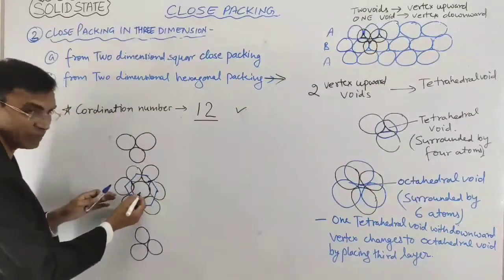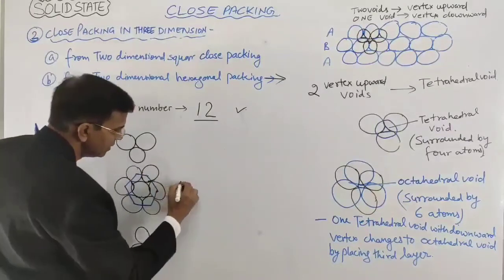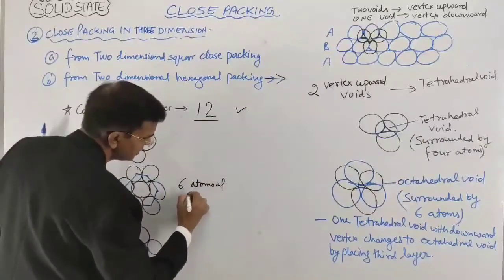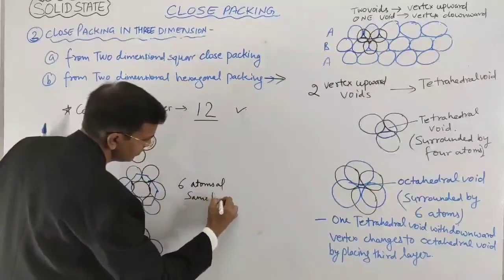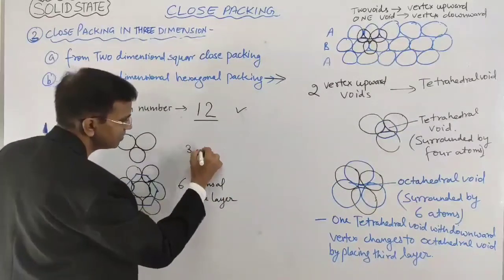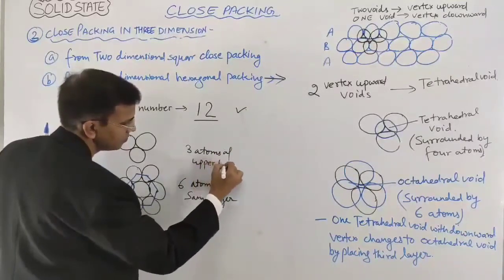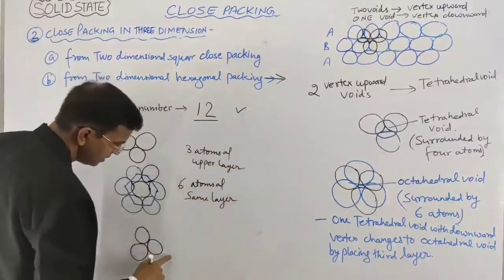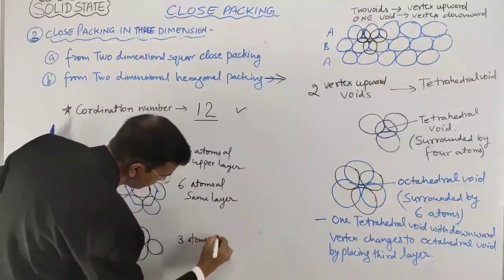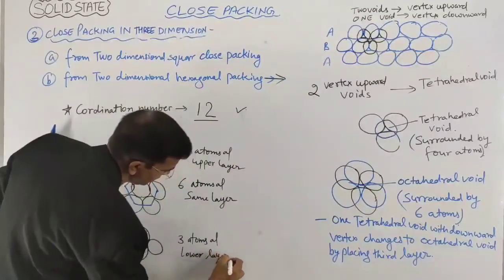This, right? So this hexagon, the center atom is touching 6 atoms of the same layer, right? 3 atoms of the upper layer, and 3 atoms from the lower layer.